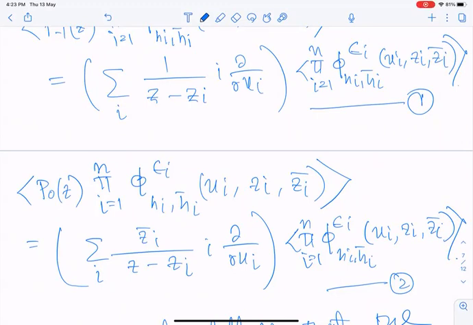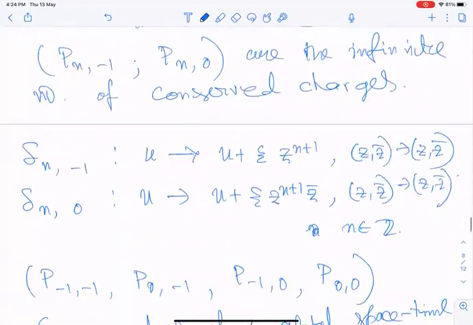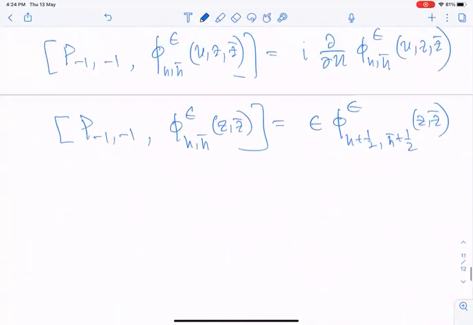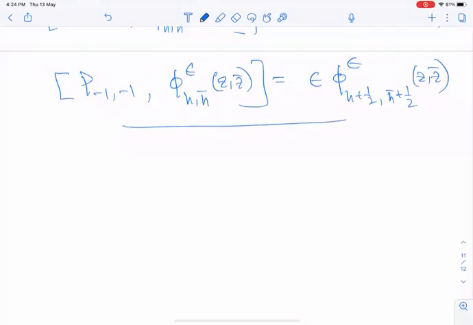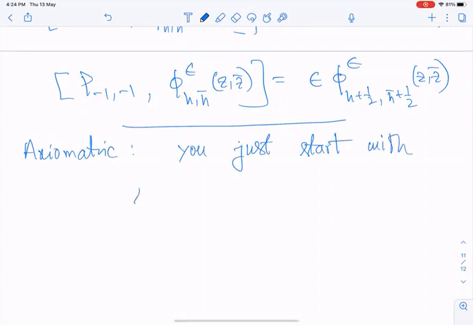Right. I see. So, since this is an extremely important point, let me just make this statement: axiomatically, you just start with the soft theorems plus the main transformation.